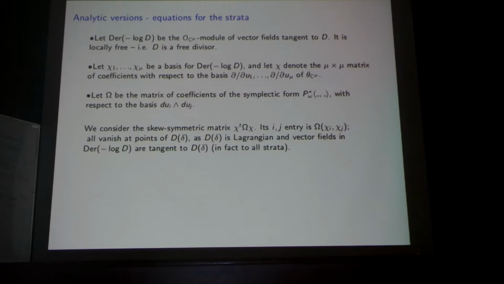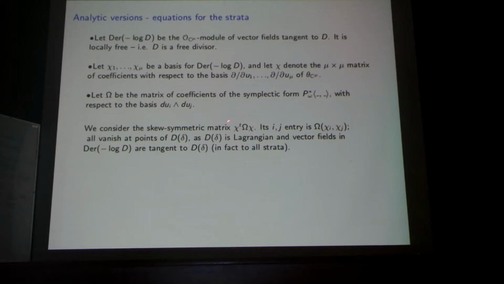So if you have a point of D_delta, then the values of the vector fields chi_i and chi_j at that point are each a tangent vector to D_delta, and therefore omega evaluated on this pair is 0. So it follows that all the entries in this matrix vanish at points of the delta constant strata.